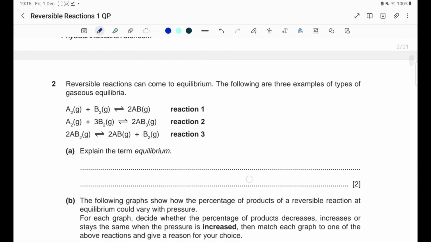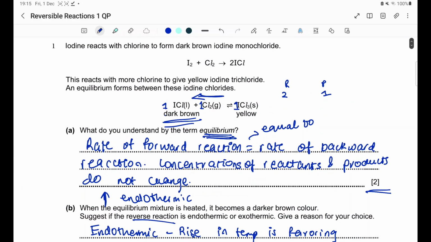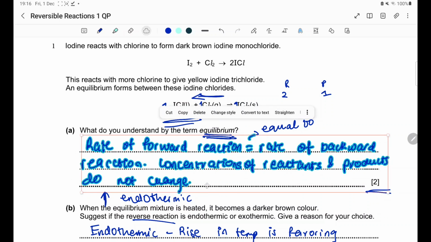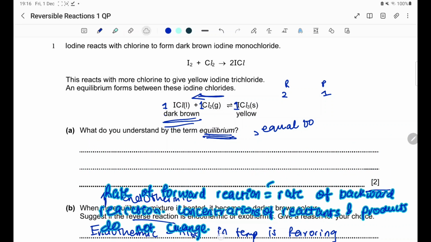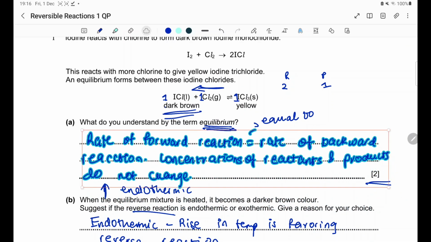Explain the term of equilibrium. This question, I've told you, it comes way too many times, so I will not write it again. However, you guys know that it's the rate of reaction. It's the equal rates, and actually, you know what? I could just copy this.